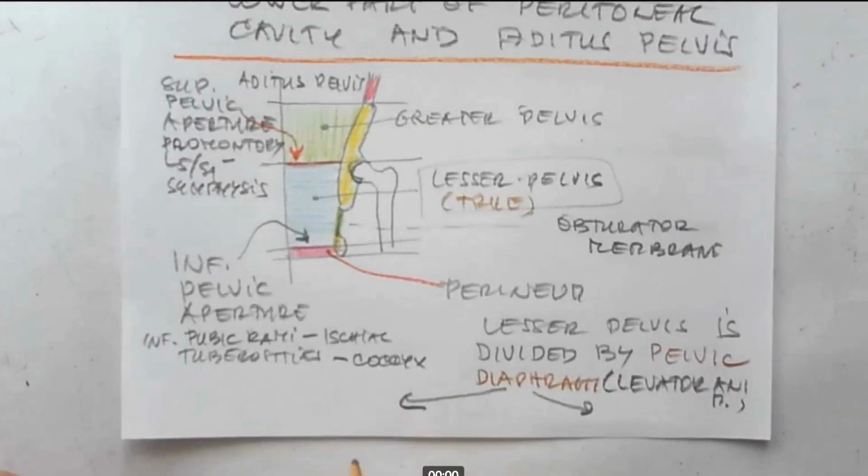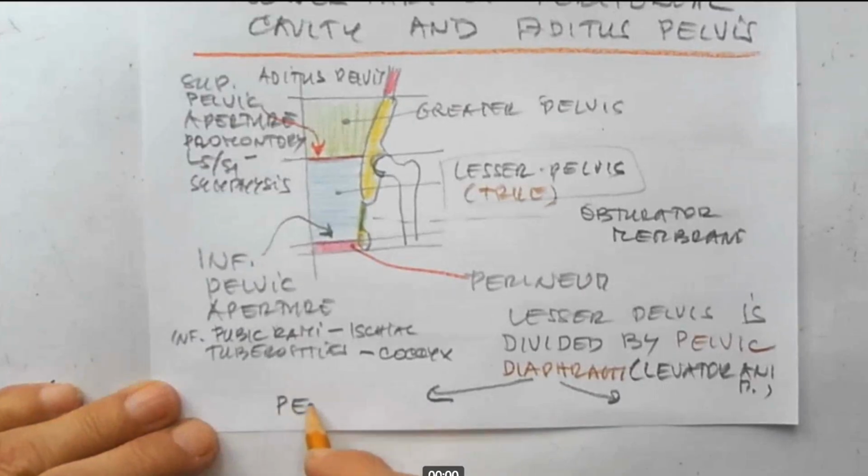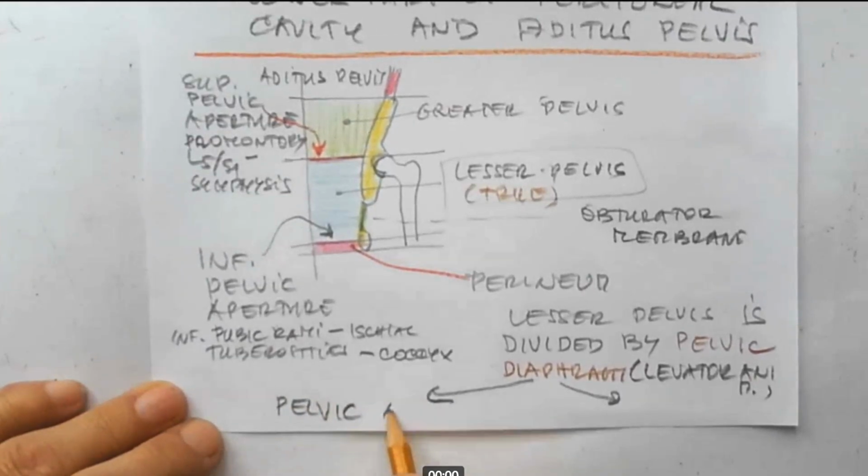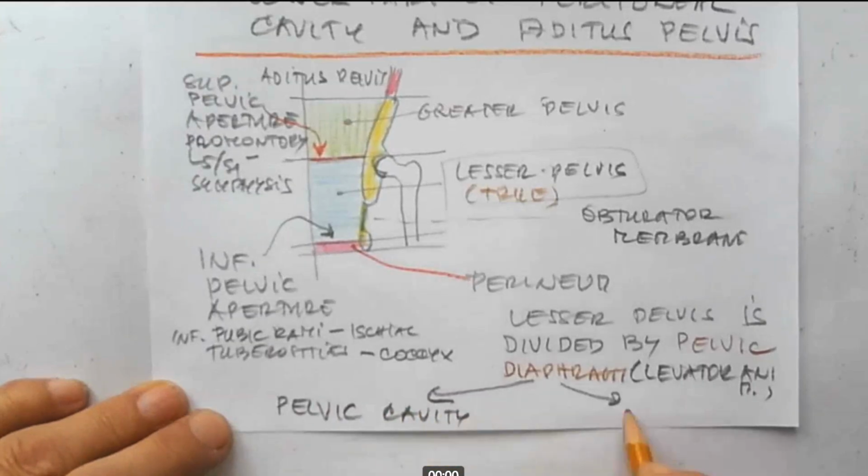One is the true pelvic cavity, or just pelvic cavity, number one, and perineum.